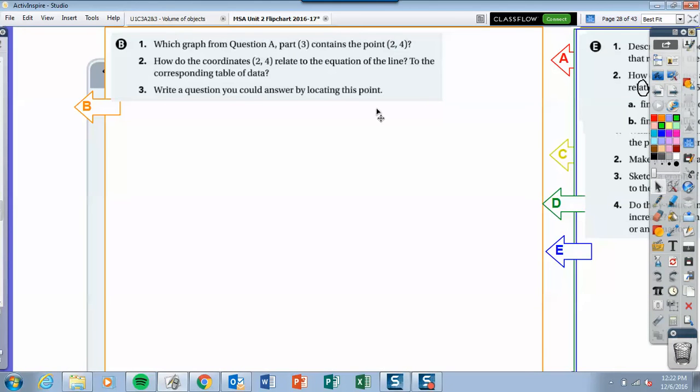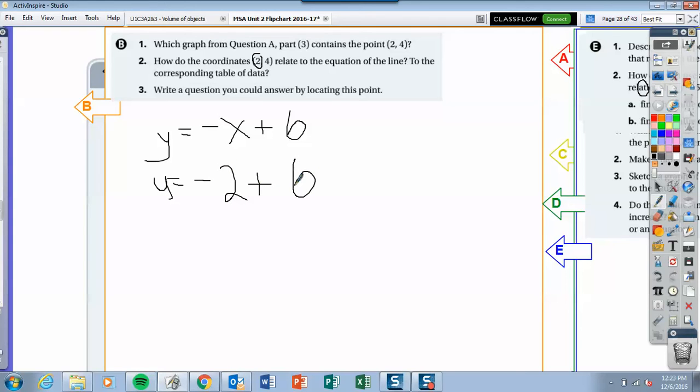How do the coordinates relate to the equation of the line? Well, if I think about my equation, I know that I have y equals -x plus 6. I'm going to put this in for my x value, so I have y equals -2 plus 6.